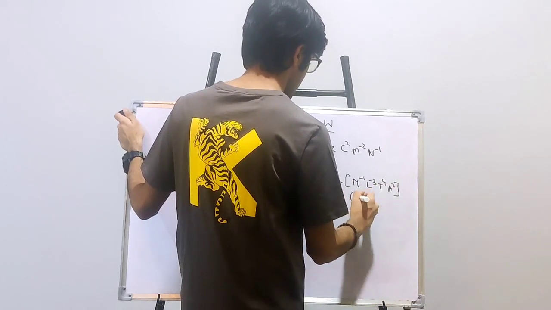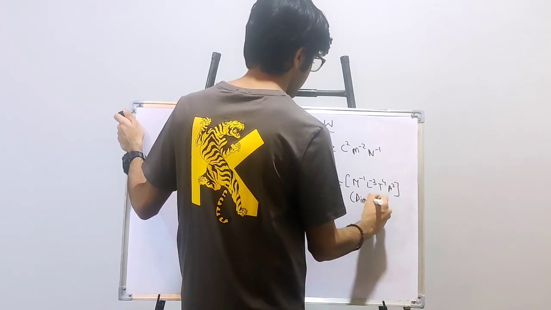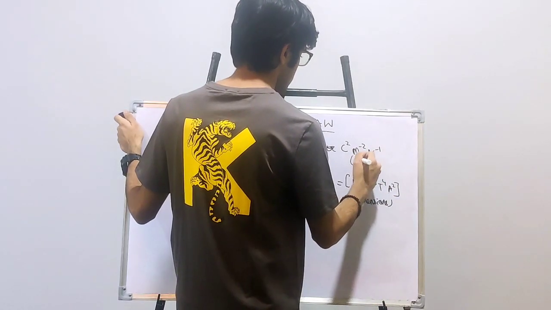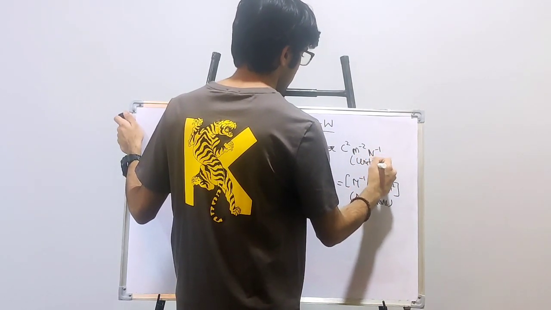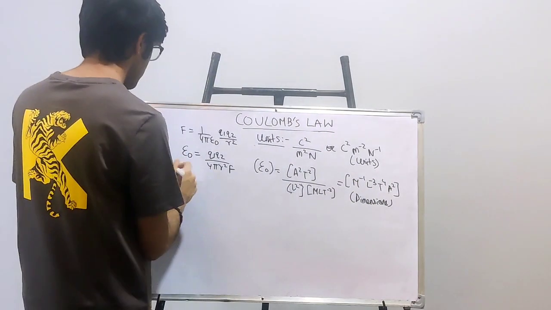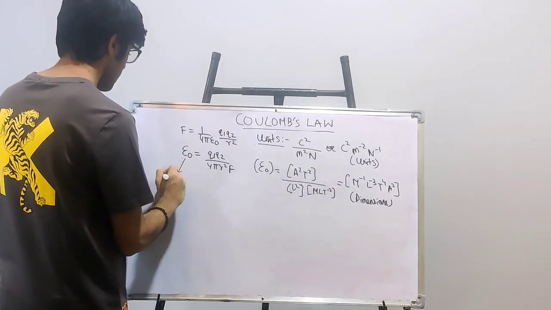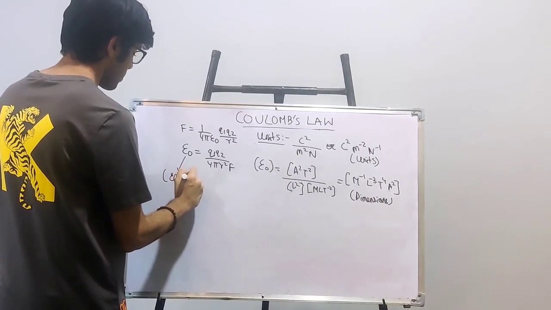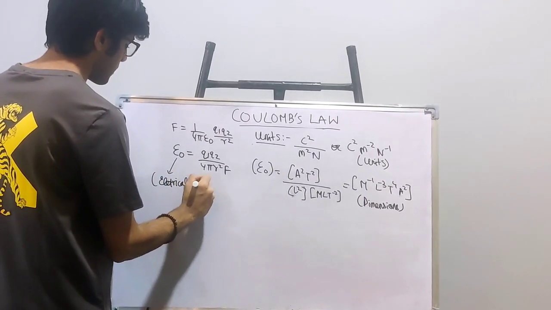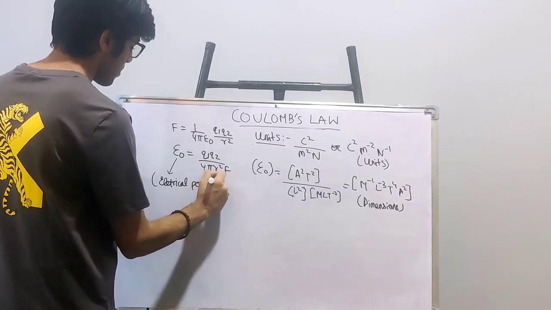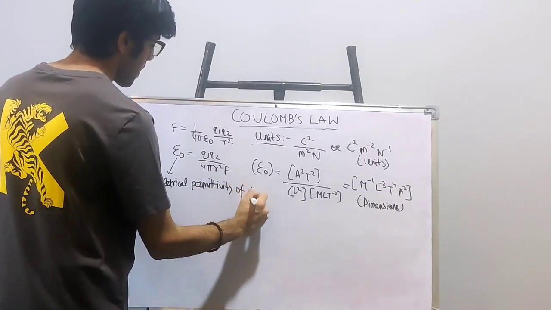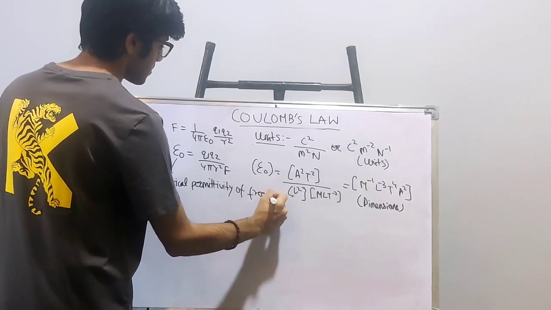So these are the dimensions, and these are the units for epsilon naught, and epsilon naught is the electrical permittivity of free space.